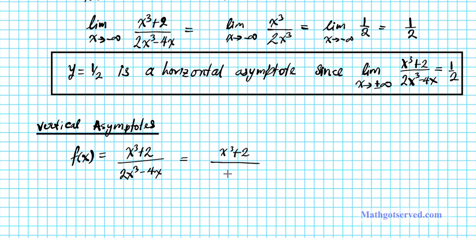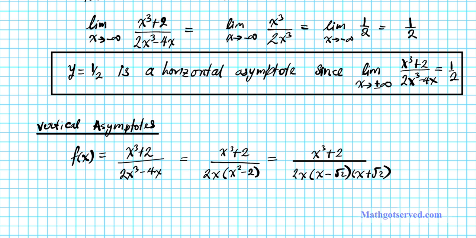If we factor the denominator, we can take out a 2x, and we're left with x squared minus 2. And that can be factored further, into 2x times x minus root 2 times x plus root 2, just basically using the difference of squares factorization formula.